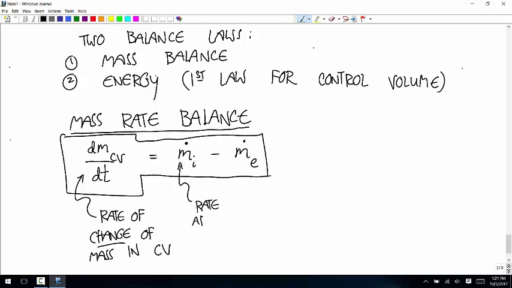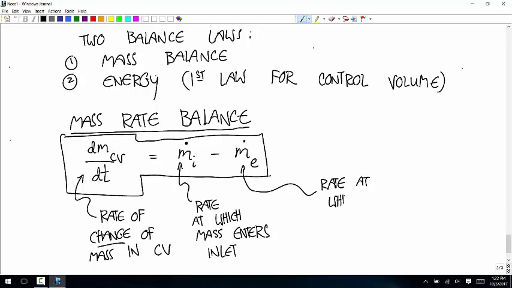This is the rate at which mass enters at the inlet. And this is the rate at which mass leaves at the exit. CV is a subscript, just the mass in the control volume.